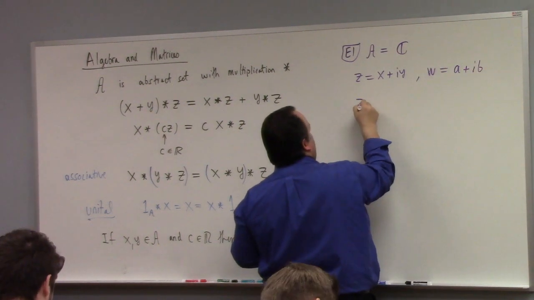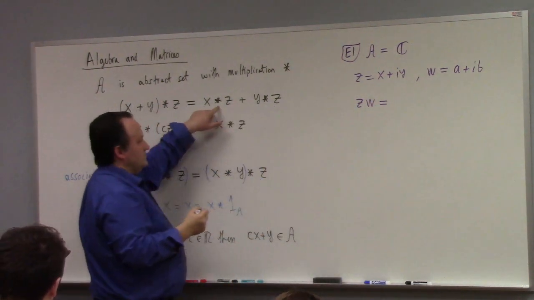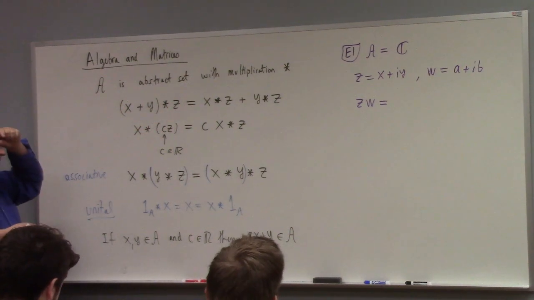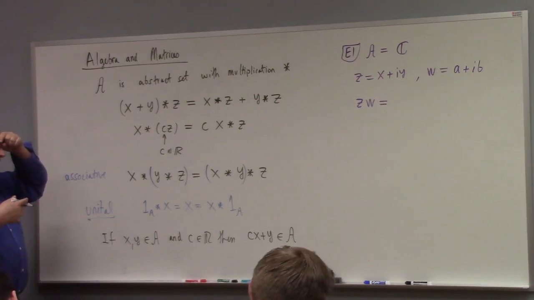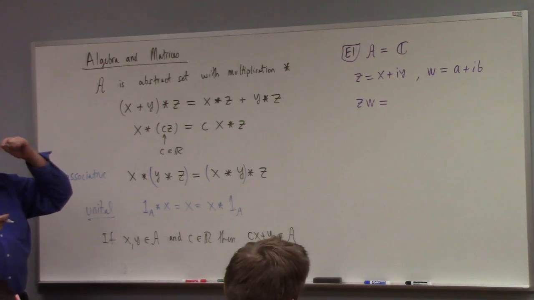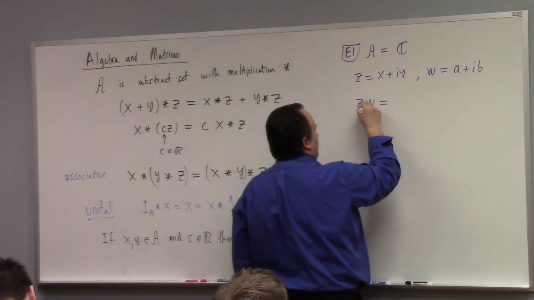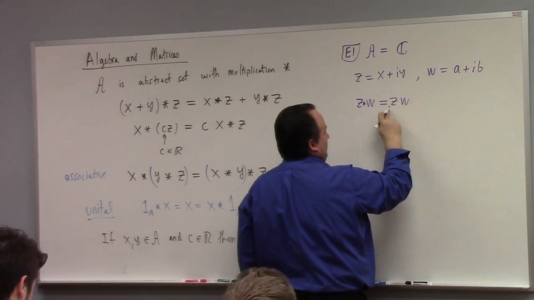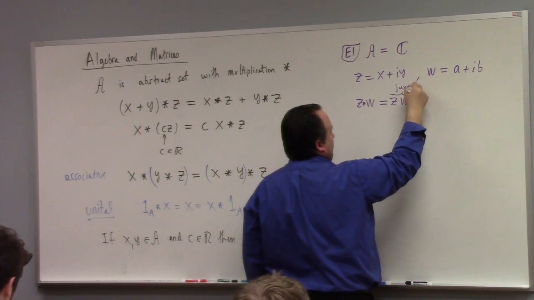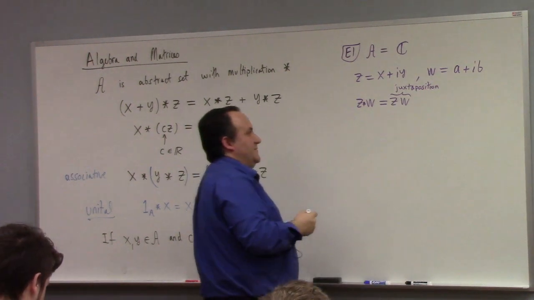We've got Z times W. First of all, I'm using star there to be a little bit abstract, but in examples, oftentimes instead of using star, we use what's called juxtaposition. So in other words, Z star W is just ZW. So this is juxtaposition. Juxtaposition is the usual notation we use for complex multiplication, as opposed to some silly star.